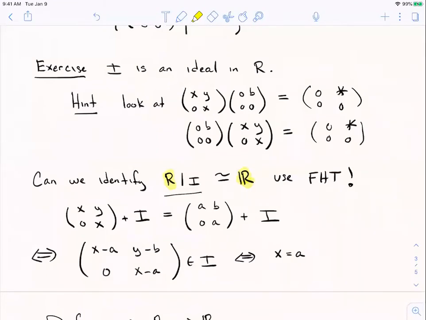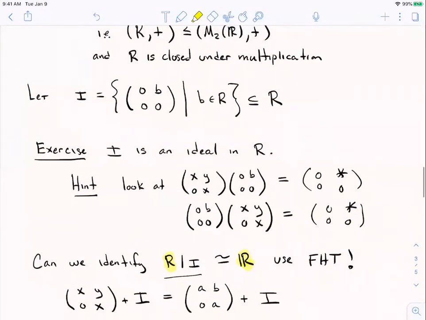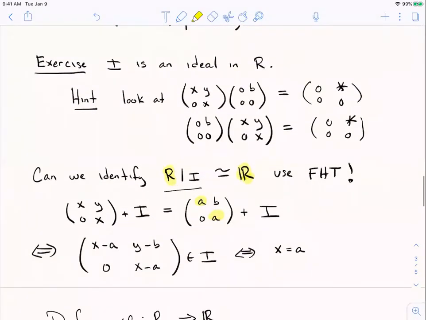And I need a map from R to R that's going to send precisely the elements in I to 0. So the elements whose diagonal entries are 0 need to be in the kernel and nothing else. And I need this whole coset to get associated to the real number that determines it. The real number that determines it is that diagonal entry.